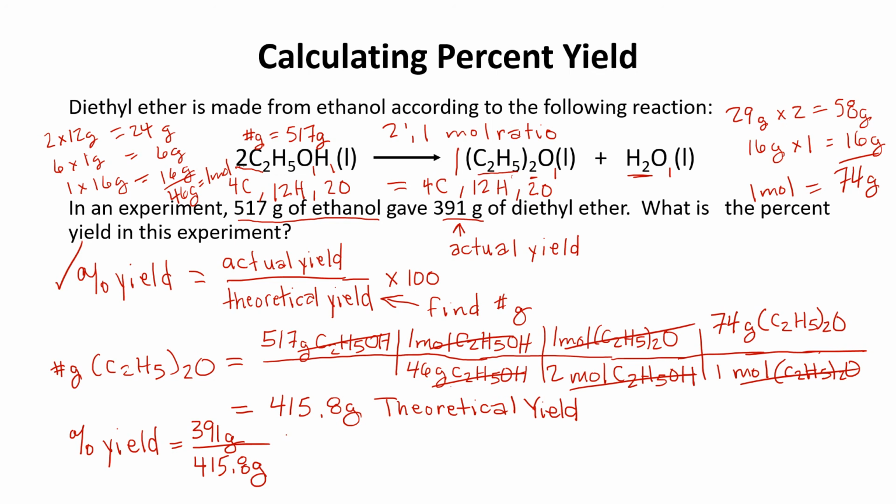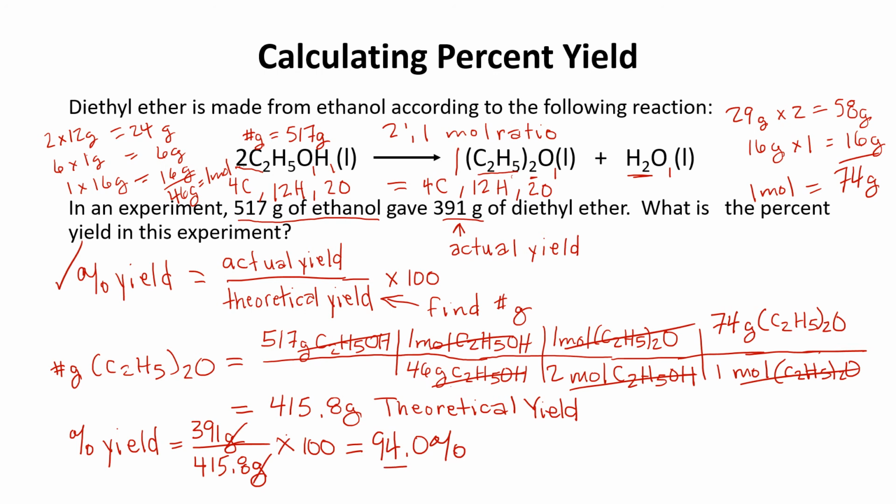And we're simply going to multiply this by 100. And so when I divide 391 grams by 415.8 grams, that gives me 94.0%, times 100, of course, gives me 94.0%.